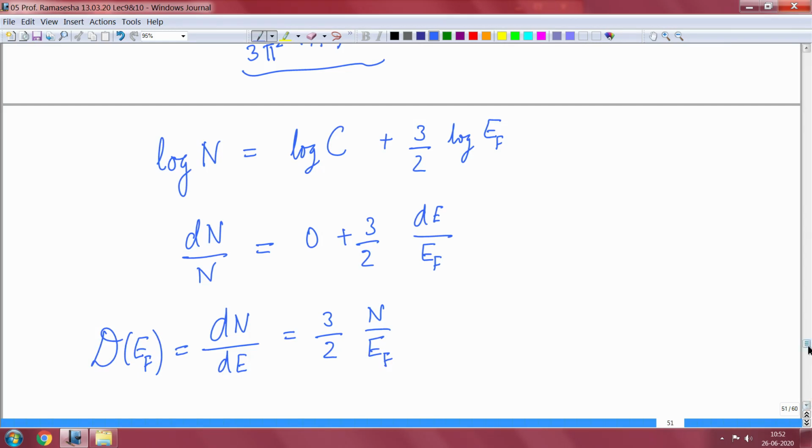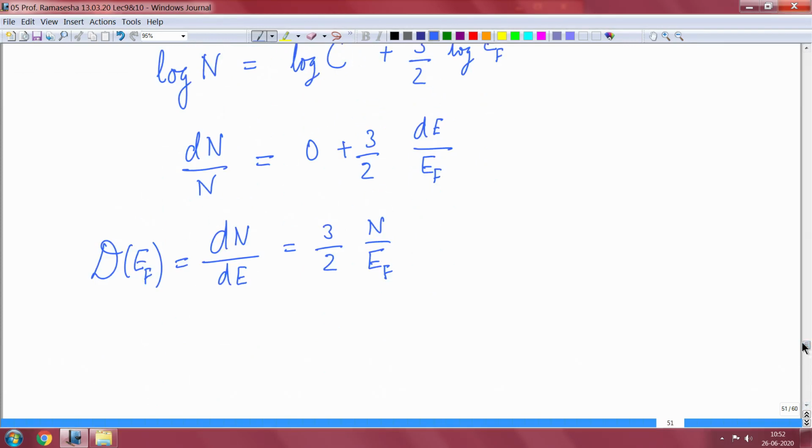Now, after having obtained all the basic quantities like the Fermi velocity, the density of states at the Fermi level, and many of those properties of the free electron gas, I will go over to calculating the specific heat.